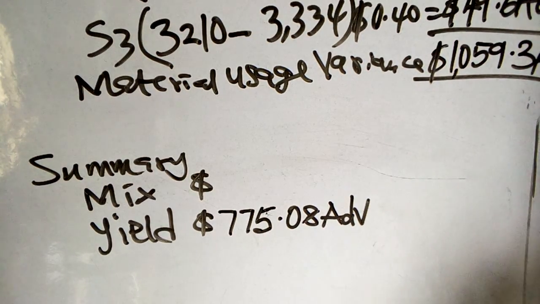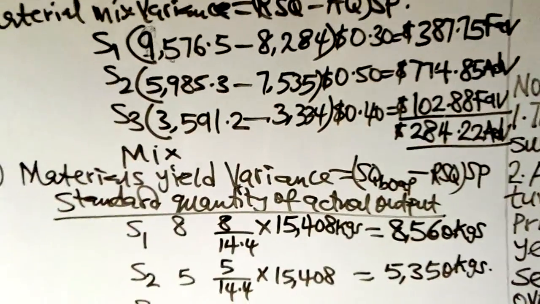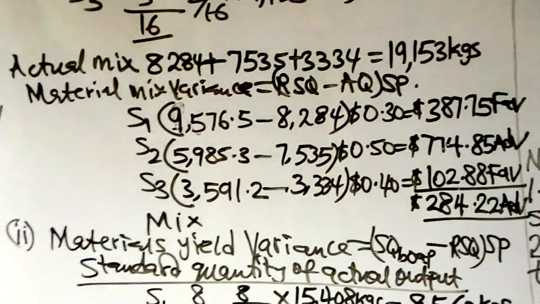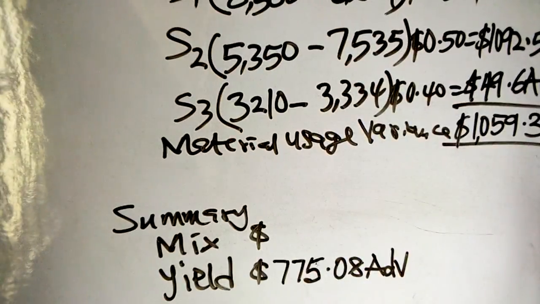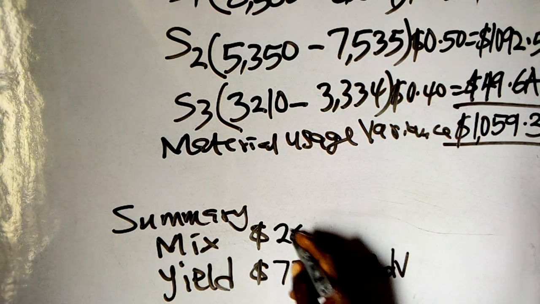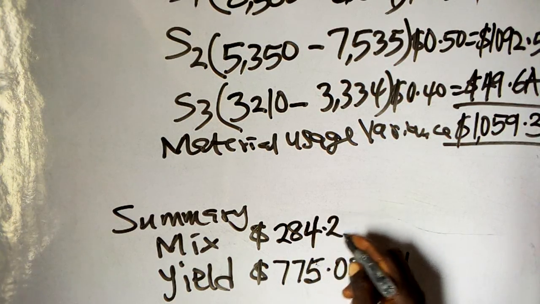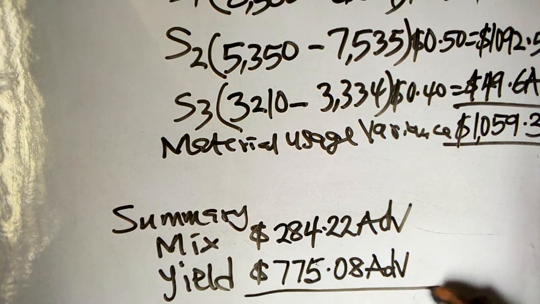Then the material mix variance has equally been computed, and we got 284.22 adverse.